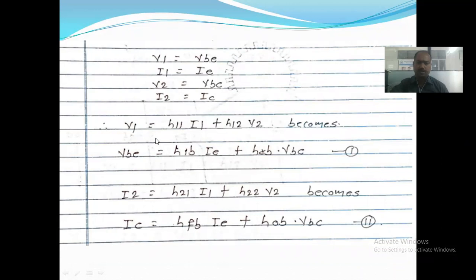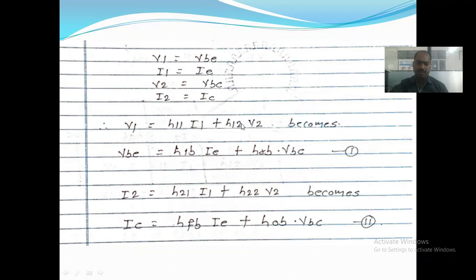We know that there are two equations with respect to dependent variables. V1 equal to H11 I1 plus H12 V2. So V1 we have to put as VBE. Then H11 indicates V1 upon I1, it is nothing but an input impedance, which should be written as HI. For the common base configuration, we write it as HIB. So HIB into I1. I1 indicates IE.